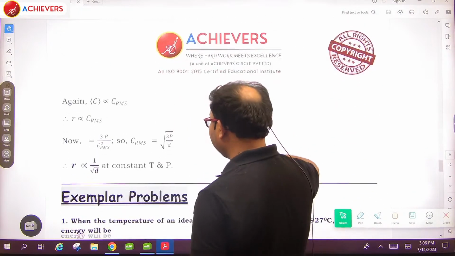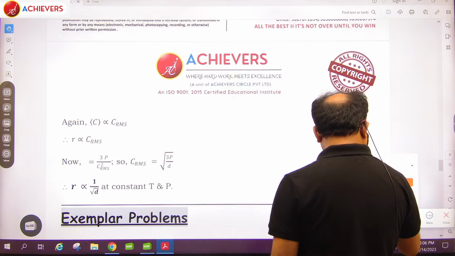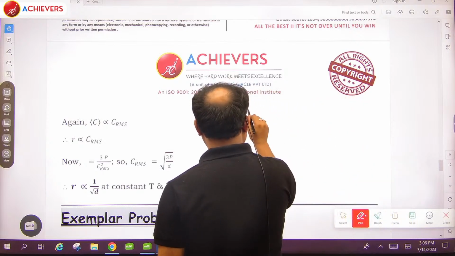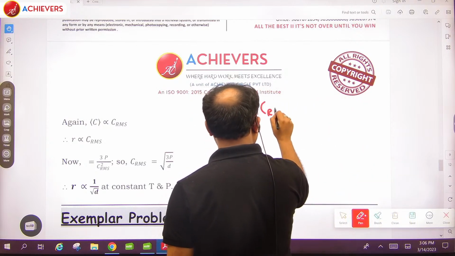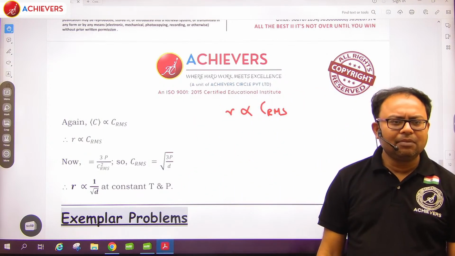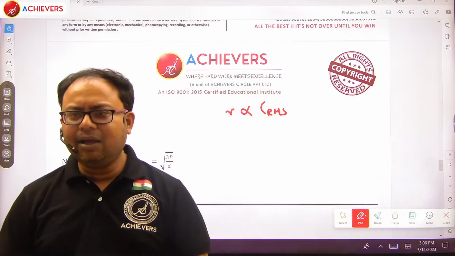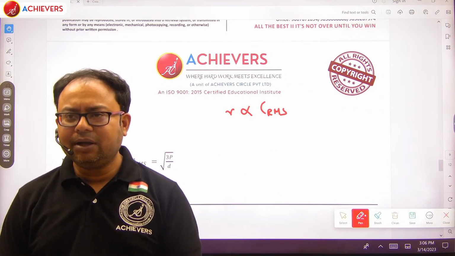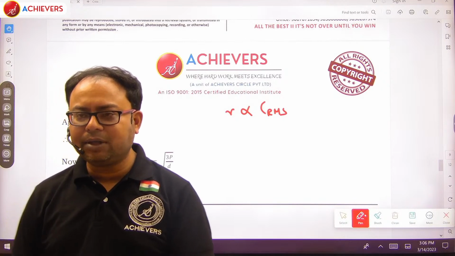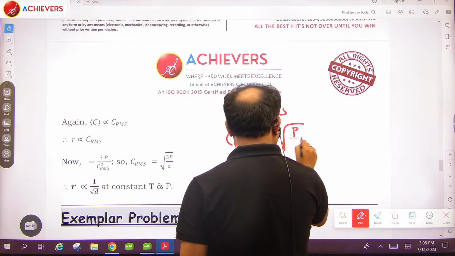Basically, if we apply the logic, then the rate of effusion is directly proportional to CRMS. Greater is the speed, greater will be the rate of effusion. And we have also shown that CRMS is proportional to square root of P by D.